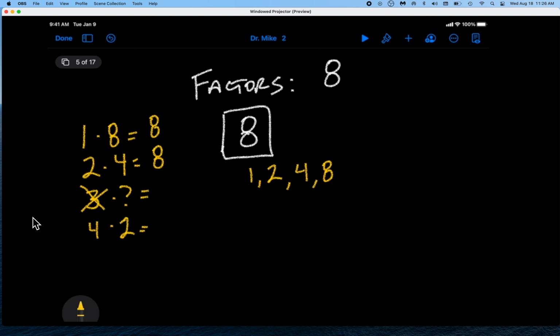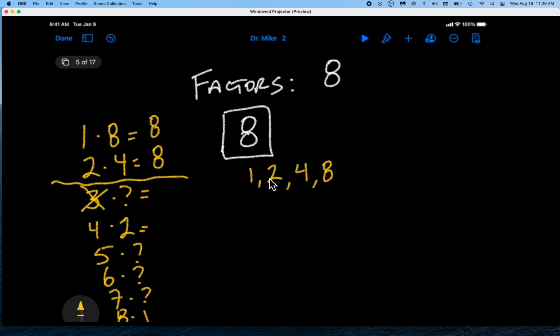So once we reach one of the factors, and we're going backwards here, we could stop. Okay, so we could stop at this level right there. There is nothing else that is going to give us 8. 5 times something, no. 6 times something, no. 7 times something, no. 8 times something? Well, yeah, 1, but we already have that.